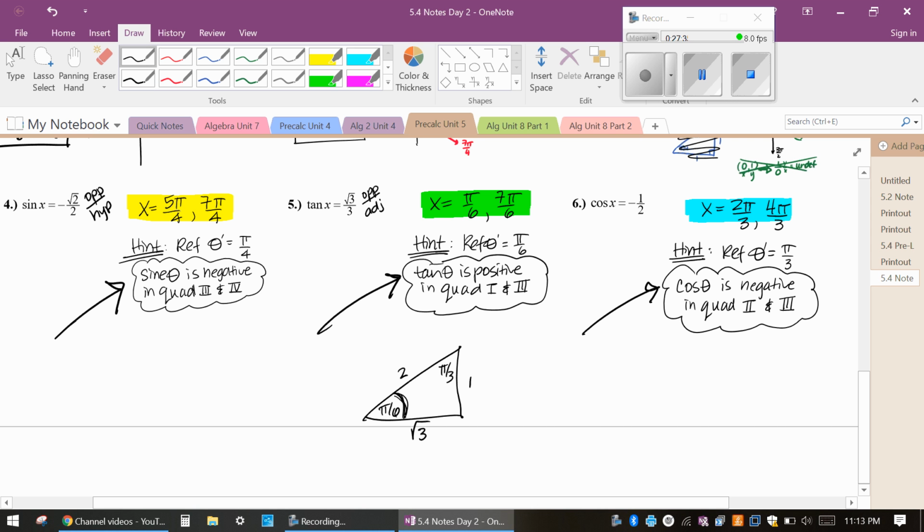If you use pi over 6 as your reference angle, opposite over adjacent would be 1 over root 3, and if you rationalize it, you'd get root 3 over 3. I was using pi over 3 earlier and paused the video myself because opposite over adjacent would not give me root 3 over 3. So you have to use your 30, 60, 90 and your 45, 45, 90 triangles till you find the right combination and the right angle that would work. So here would be pi over 6.